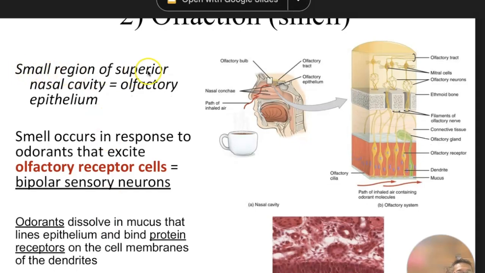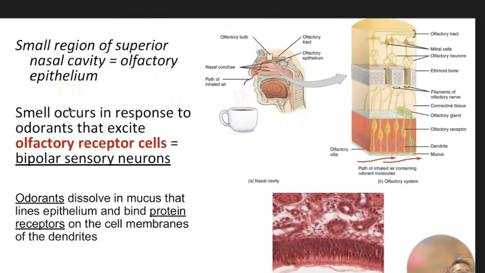A small region of the superior nasal cavity has the olfactory epithelium. Smell occurs in response to odors that excite the olfactory receptor nerve. Remember, the olfactory nerve is a bipolar neuron.